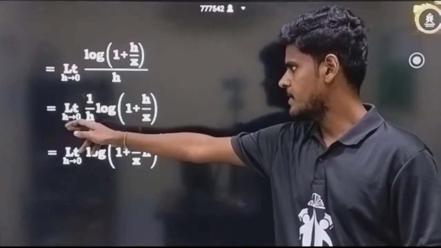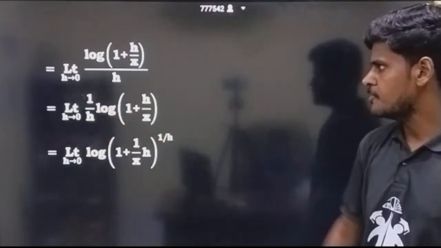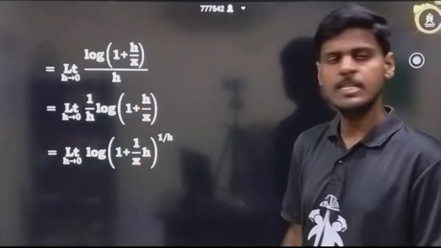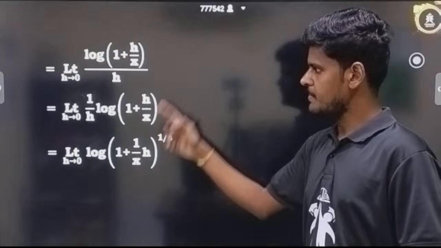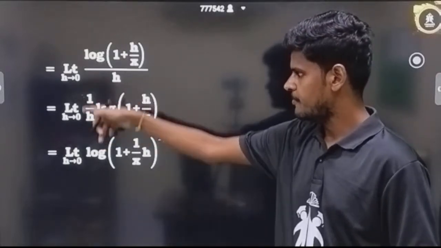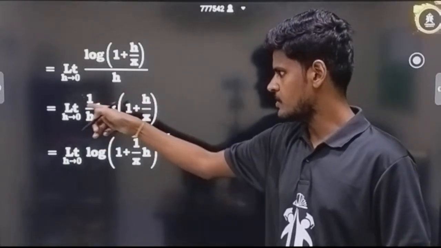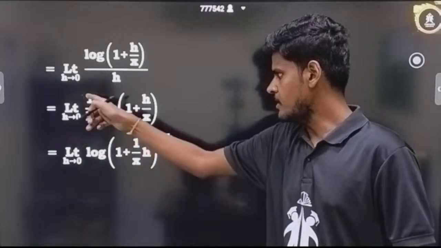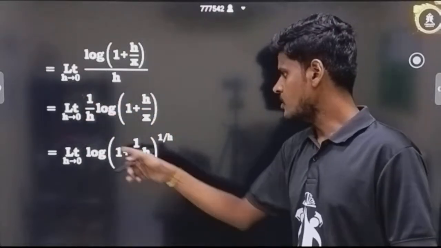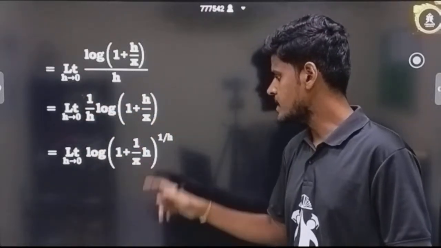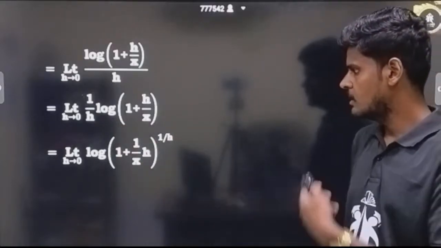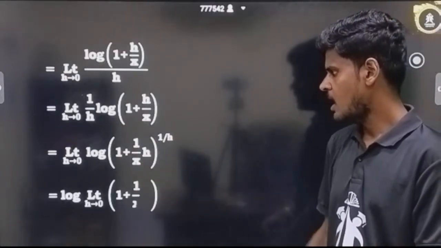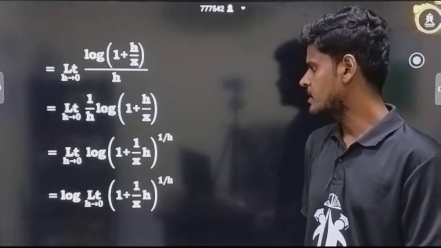Log of 1 plus h by x divided by h. So this limit is limit h tends to 0, 1 by h of log of 1 plus h by x. And what is m log n? That is log n power m. So this value of power which is before the log, this number will rise to the power. So log of 1 plus 1 by x into h whole power 1 by h. And what is this value of limit?